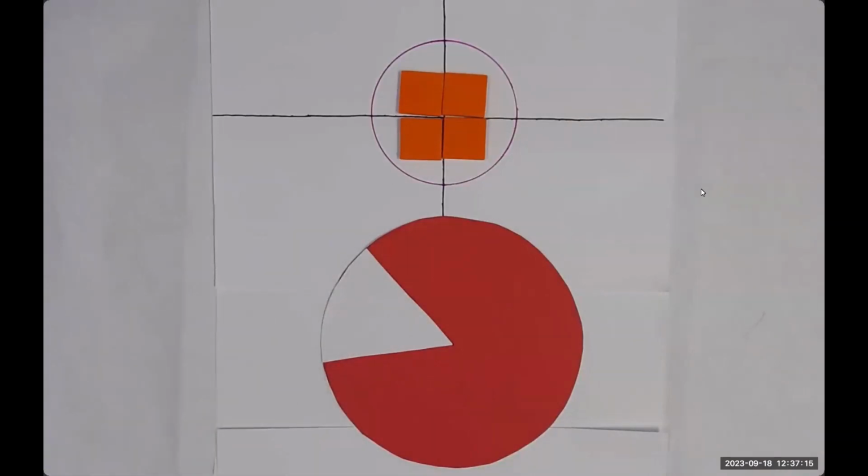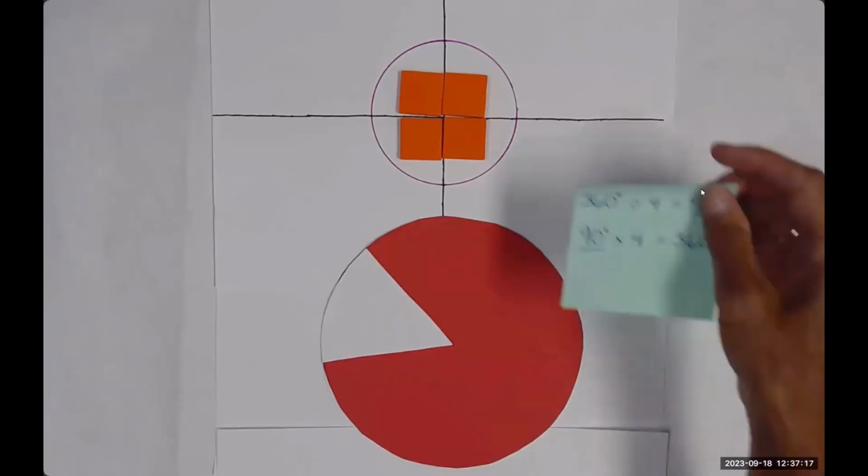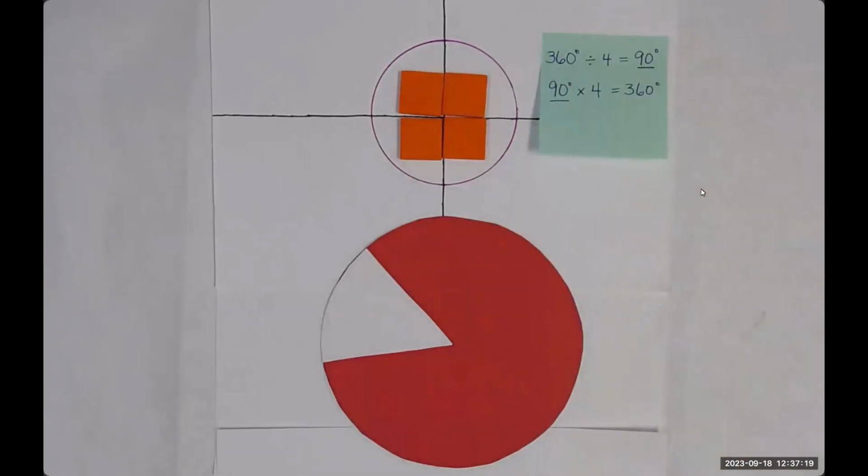So thinking about that, I know that 360 degrees divided into 4 equal-sized fractional wedges is equal to 90 degrees. And I know that 4 90-degree angles, or 90 degrees times 4, will make a complete 360-degree circular rotation.